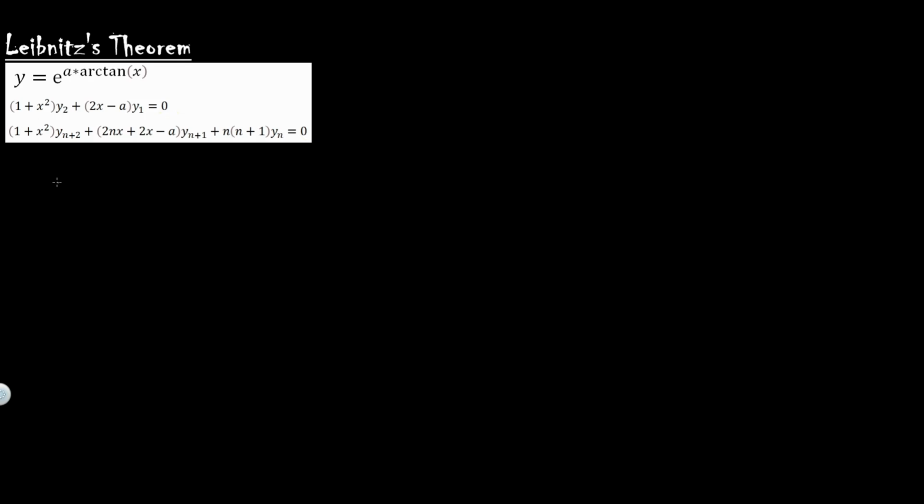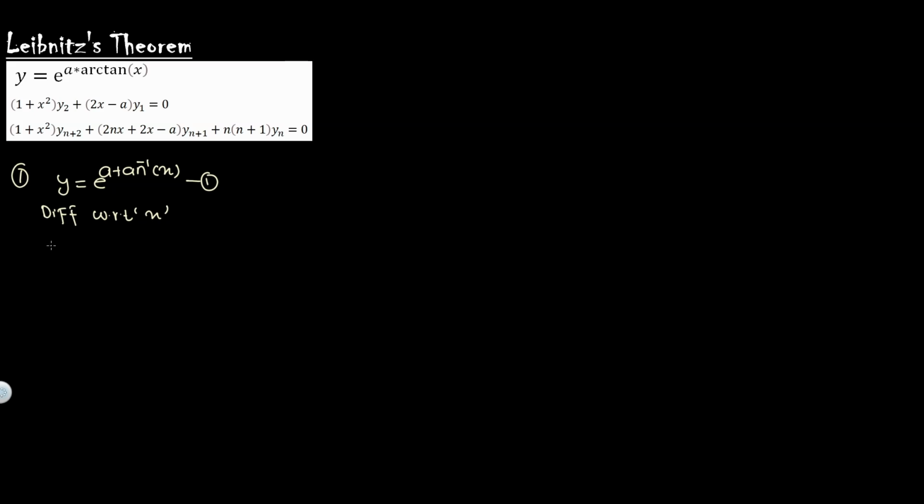For the first expression, we have y equals e to the power a tan inverse x. Now differentiate this equation 1 with respect to x. The derivative of y is written as y1.